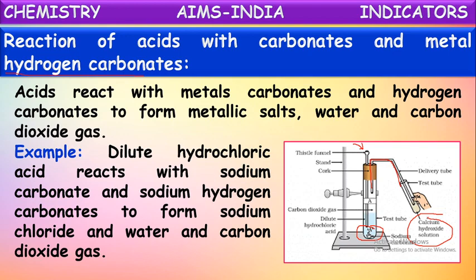Lime water turns milky only in the presence of carbon dioxide gas. So from that we can understand that the gas evolved is carbon dioxide. So in these reactions of metal carbonates and bicarbonates, acids produce metal salt, water and carbon dioxide gas.